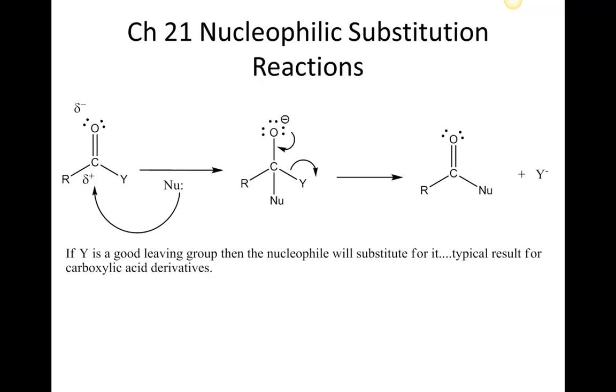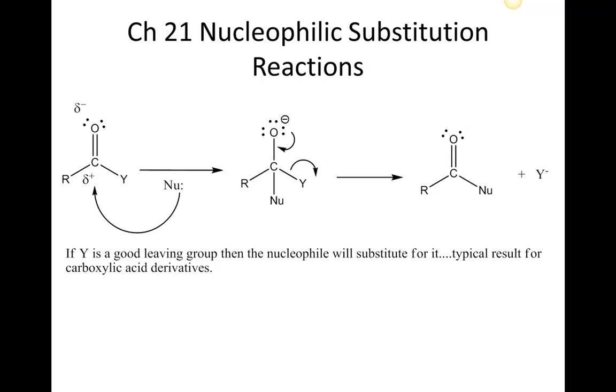So here's the other option, nucleophilic substitution reactions, which is typical of carboxylic acid derivatives. So in that case, Y is a halogen or another carboxylate group, or an amide, that would be a nitrogen group, or esters, it would be an oxide group, and so on.